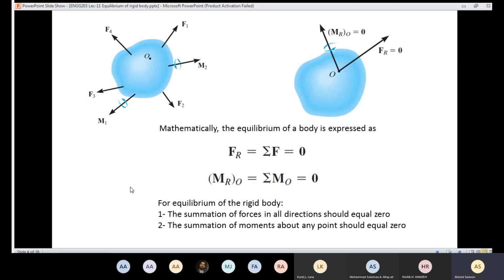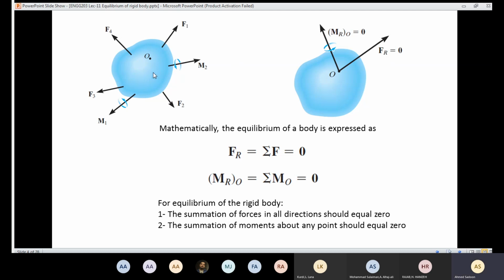So what we have been studying in the previous lectures, we learned that if we have a body like that, and that body has forces and moments, and let's say O is a point of rotation, we learned how to calculate the resultant force if I have a number of forces, and also how to calculate the resultant moment.